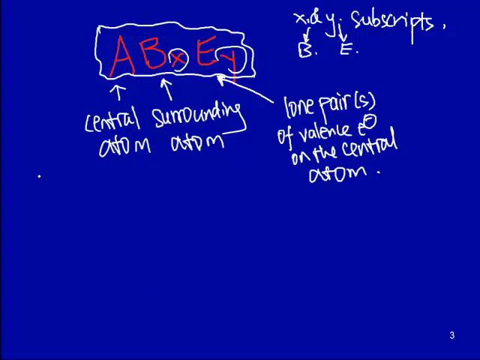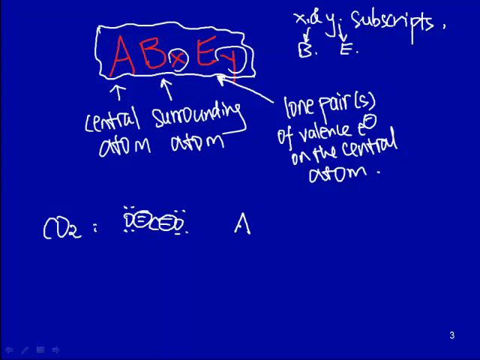So let's take a look at some examples. We have CO2, and you're going to have the Lewis structure O, C, O. And now you have one electron group, 2 electron groups.